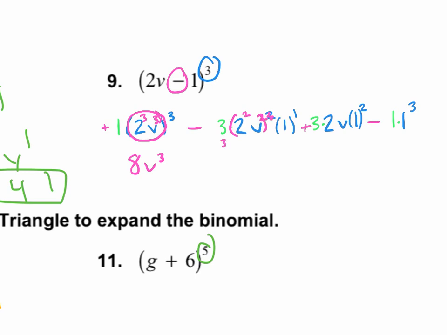So this would be 3 times 4 times 1, so minus 12v squared. And then this one would be 3 times 2, which would just be 6, so plus 6v, and then minus 1.